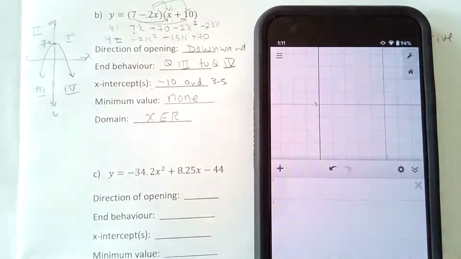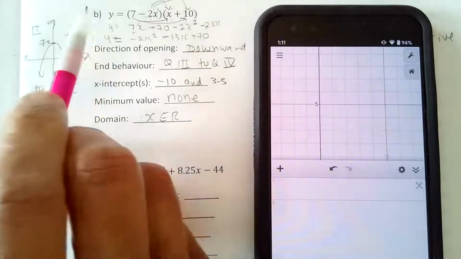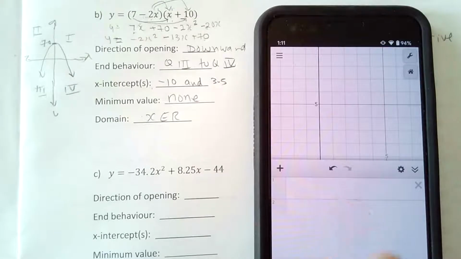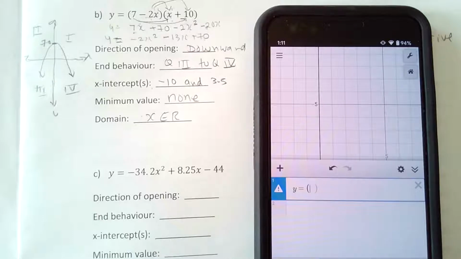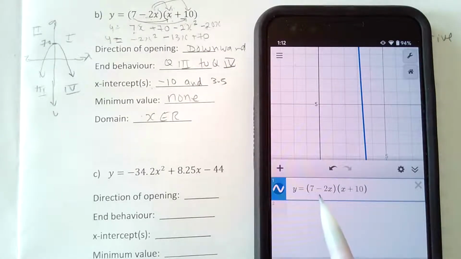I don't want it. I'll enter exactly as shown. So we have y equals open bracket 7 minus 2x close bracket open bracket x plus 10 close bracket. Make sure I have everything correctly. Y is equal to open bracket 7 minus 2x, close bracket, open bracket, x plus 10.